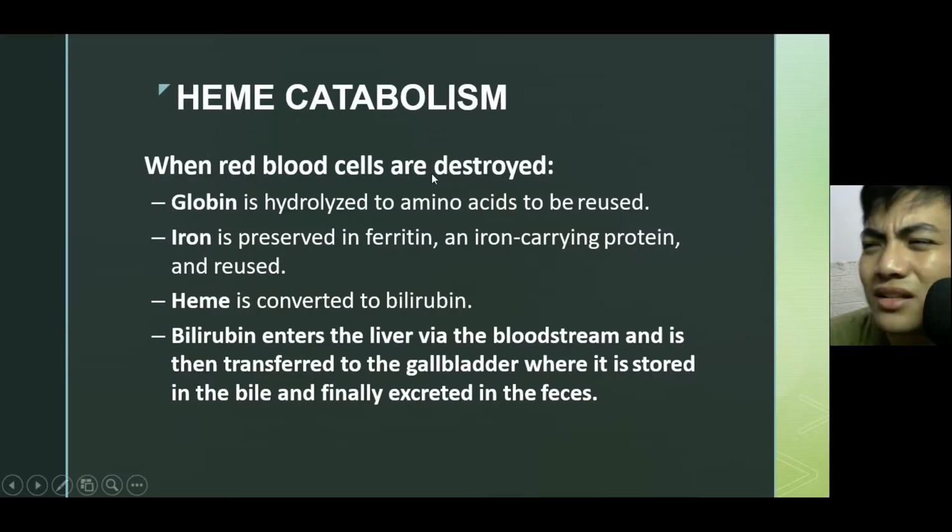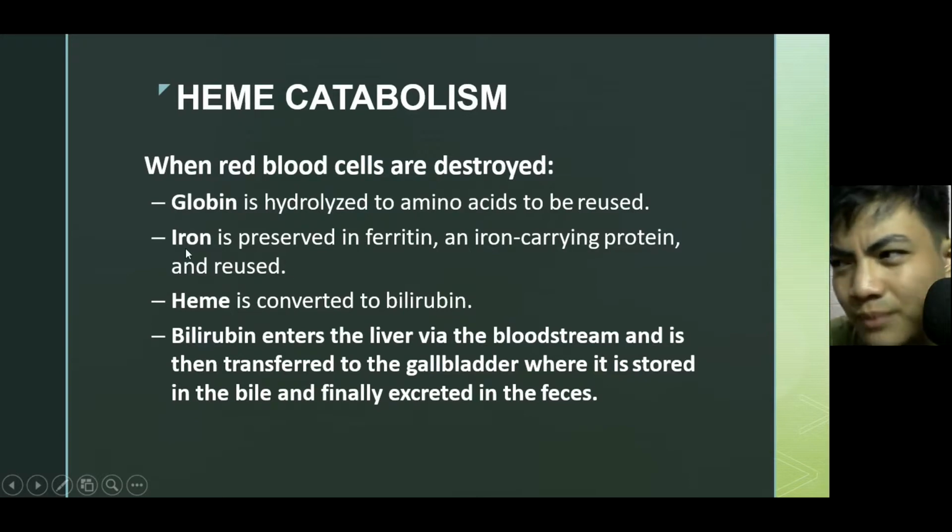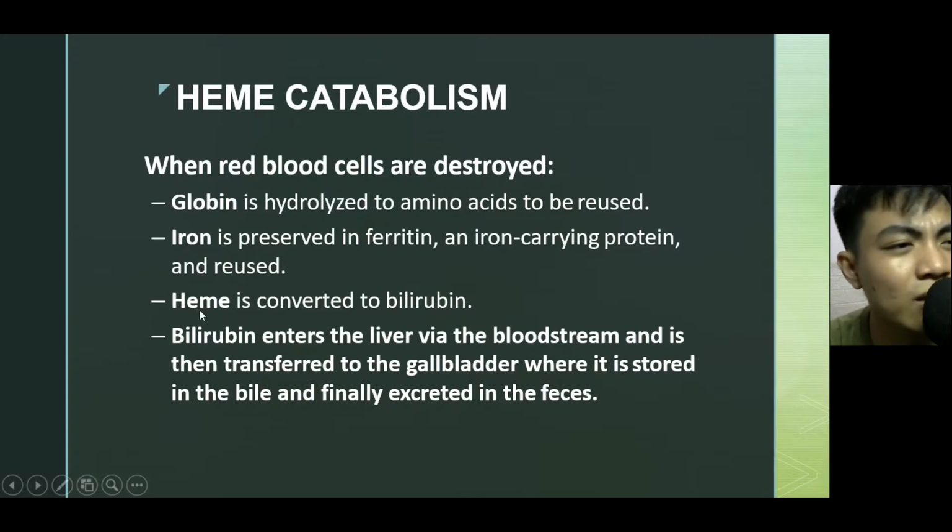So again, when red blood cells are destroyed, globin, this is a protein, is hydrolyzed into amino acids and can be reused as it joins the amino acid pool. The iron in hemoglobin, okay, can become ferritin, okay? So it is an iron carrying protein and it can be reused. The heme itself can be converted into bilirubin, okay?